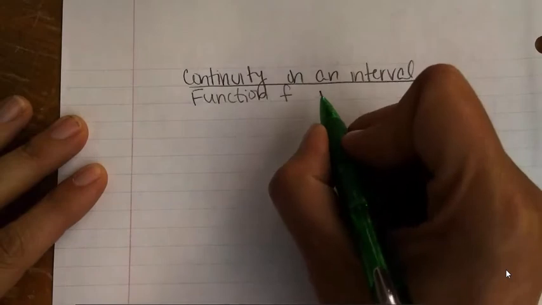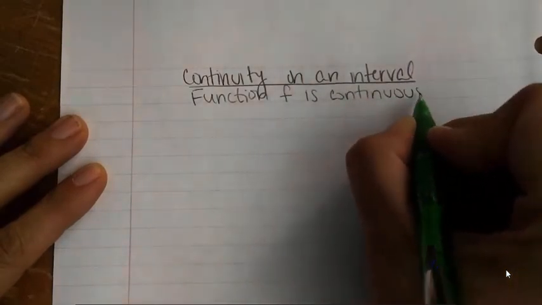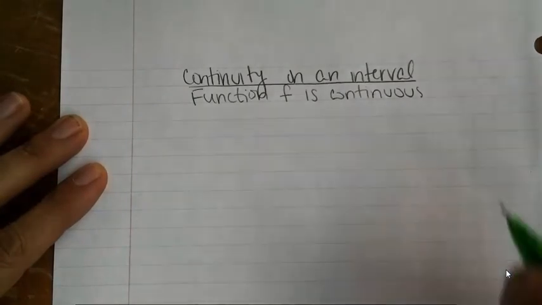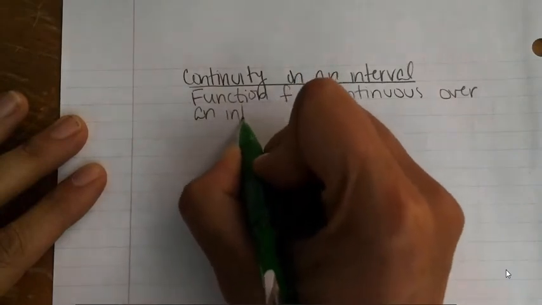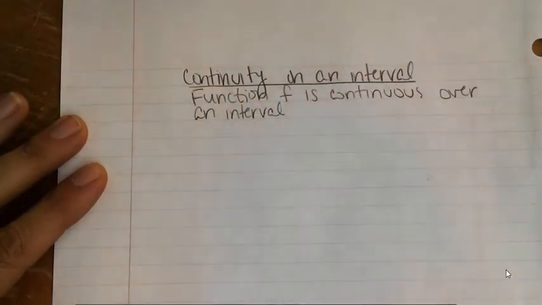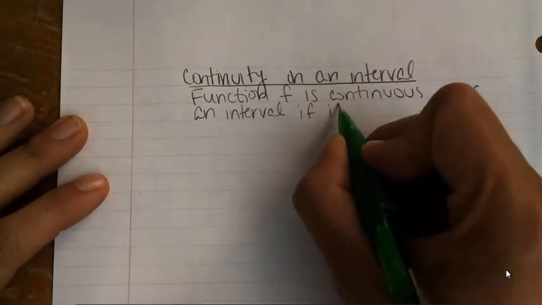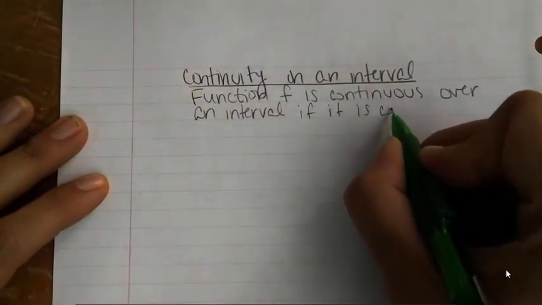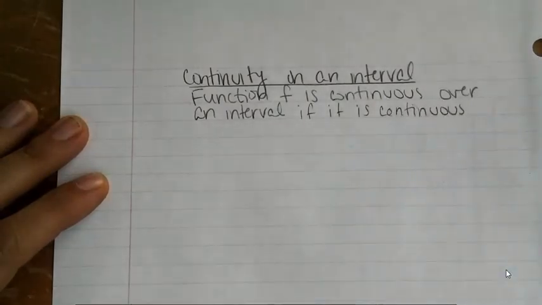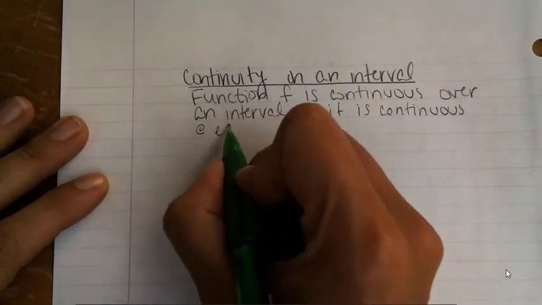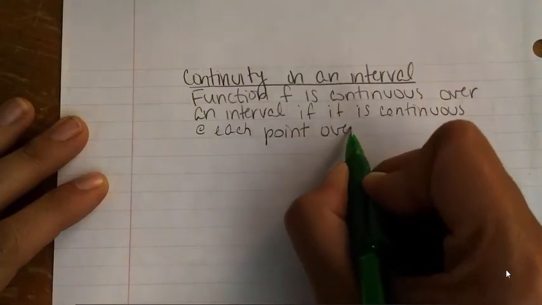Function f is continuous over an interval if it is continuous at each point over that interval.